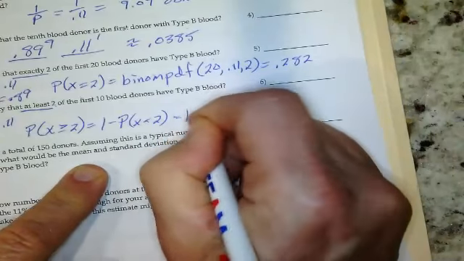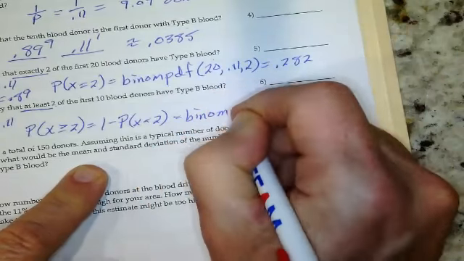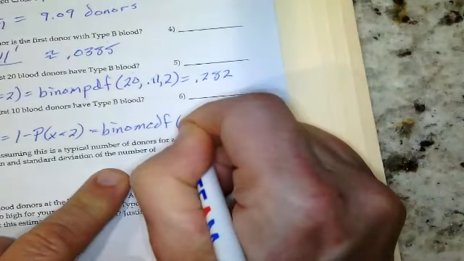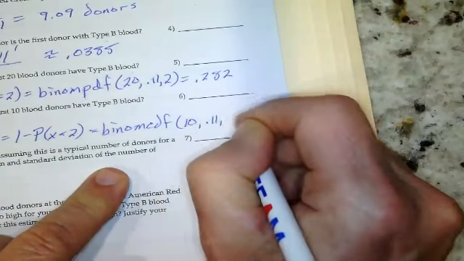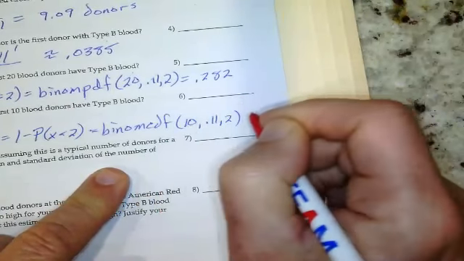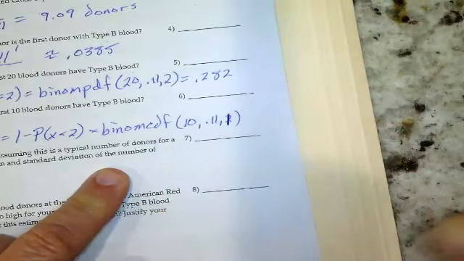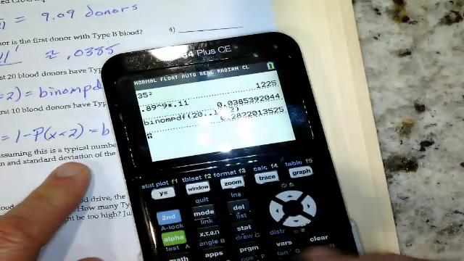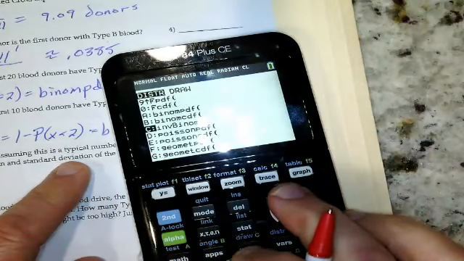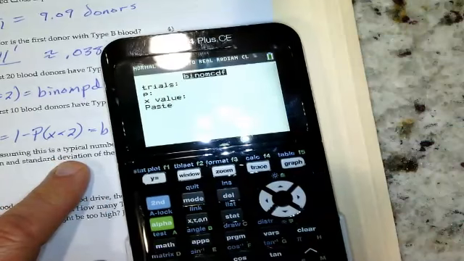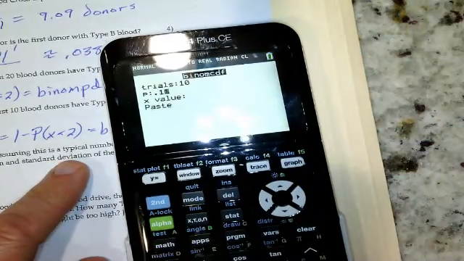And so here's our binomial CDF of 10, 0.11 and 2. Whoops, sorry, 1. You're right, I wasn't paying attention. Second distribution. 10, enter, 0.11, enter, 1.